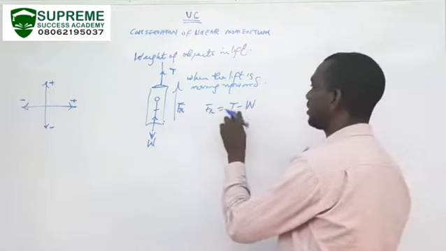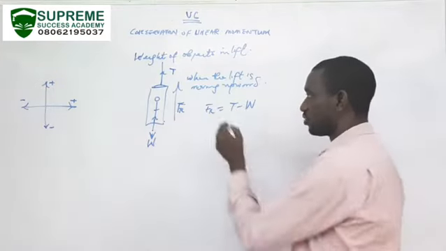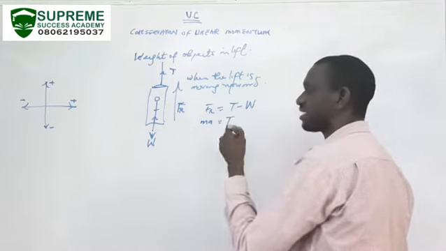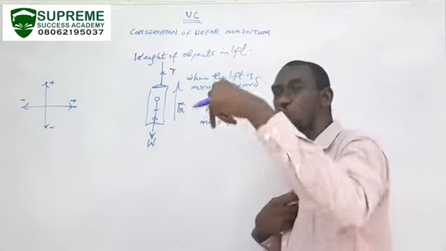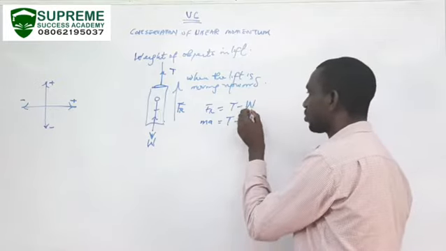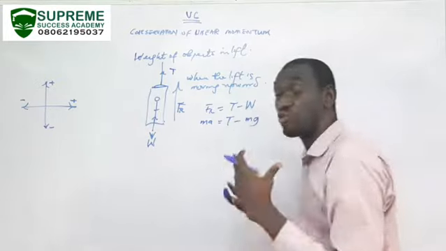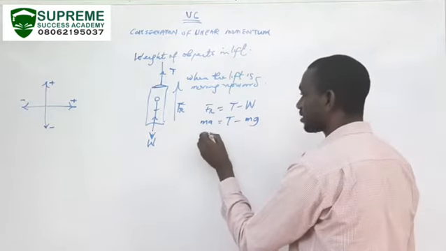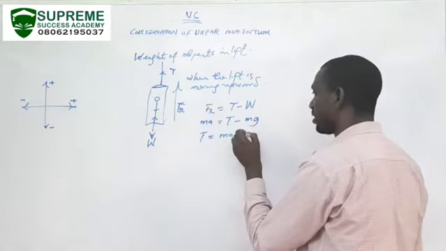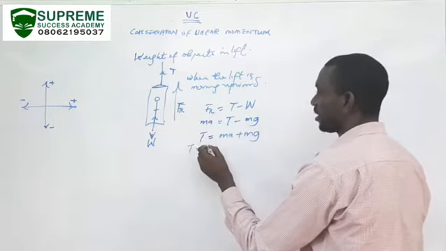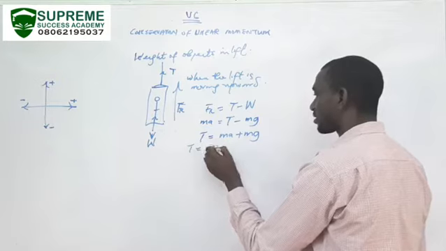So we have T minus W. Your Fr is given by Ma. Your tension in the string is the apparent weight of the object inside the lift, and your W is mg, which is the real weight of the object on ground. So make T the subject of the formula. We have T equals ma plus mg. So your T is what? Apparent weight.